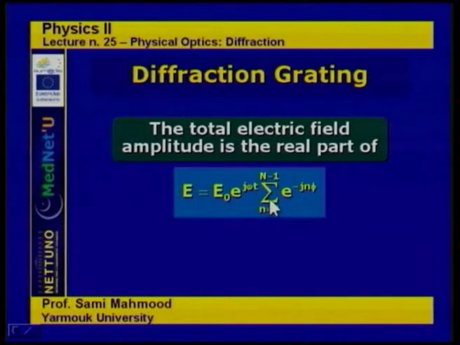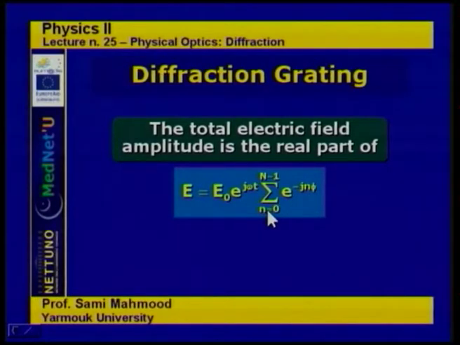If we start with the first slit at n equals 0 and end up with the last one at capital N minus 1, the phase difference of the first one with itself, of course, at n equals 0 is 0, and the phase difference of the first one with the second one, n equals 1, is simply 1 times phi. Phi is the one that we have just mentioned, which is kd sine theta.